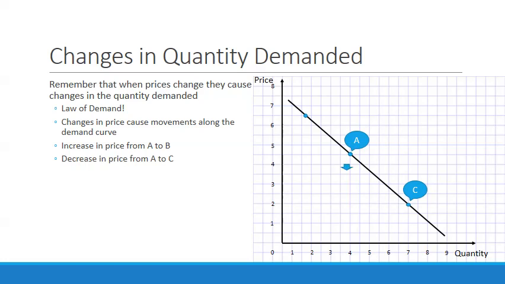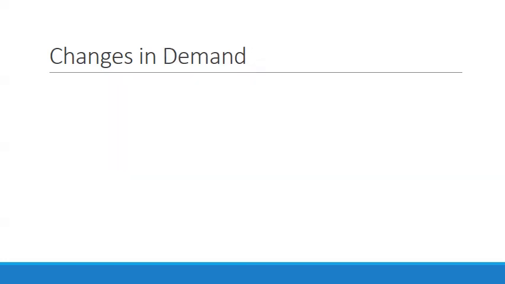So when the price drops from A to C, quantity demanded increases from 4 to 7. This is the difference: a change in quantity demanded is caused by a change in price. Remember, it can only be caused by price.